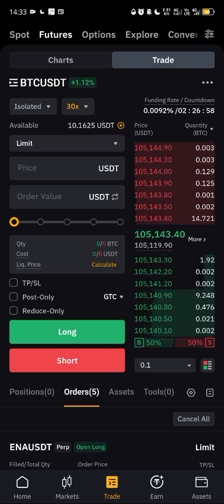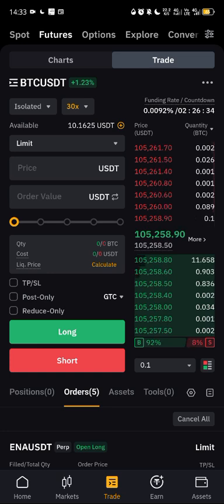Now, your leverage is multiplied by the amount of movement that the market is making. This is how you know how much profit you will have and how much loss you will have. For instance, this is Bitcoin and it's currently on 30x, that is, I'm using 30 leverage. So if Bitcoin should move 1% upward in my favor, that means I'm making 30% profit. That is 1% movement of Bitcoin times the amount of leverage I'm using. That is 30 times 1.